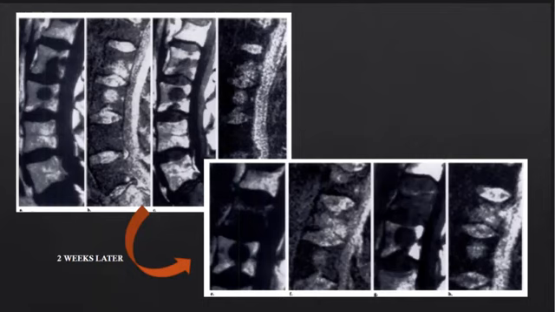A subsequent MRI 2 weeks later showed development of a pathologic compression fracture at L2. This demonstrates the more diffuse pattern of marrow replacement in the pathologic fracture compared with the focal signal intensity abnormality seen before the fracture on the initial image.